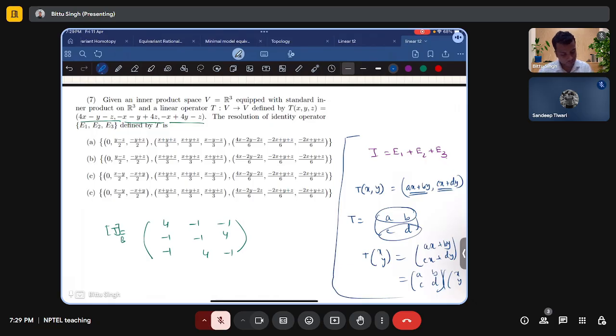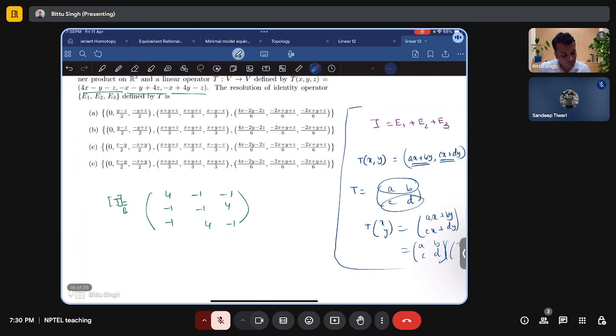So you can either apply T on e1, that will give the first column; T on e2, that will give the second column; T on e3, that will give the third column. Or otherwise, you can directly observe: the first one will be in the first row, the second one in the second row, the third one in the third row. So you may choose anything. Okay, so this is the matrix representation.